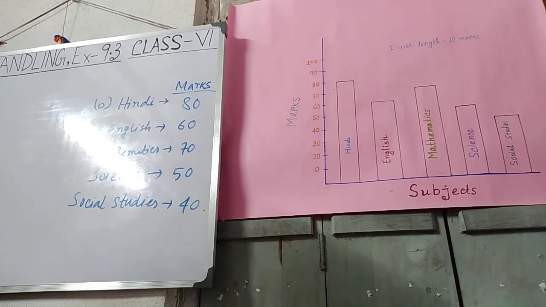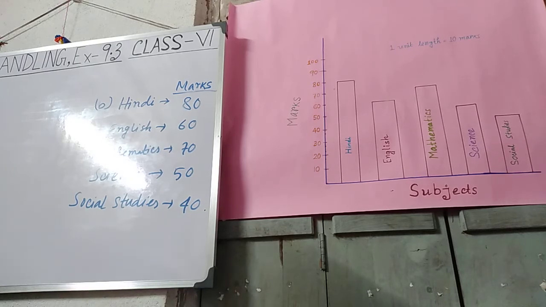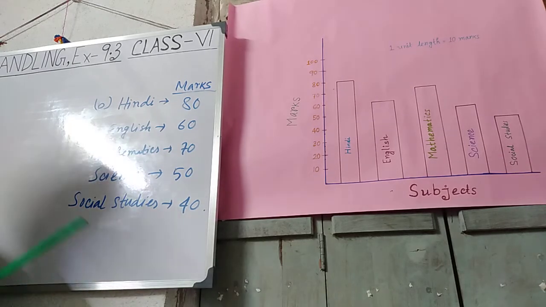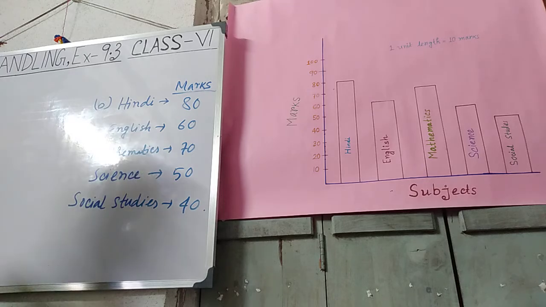Now our second question, name the subject in which Aziz scored maximum marks. So from bar graph we can easily say that in which subject Aziz scored maximum marks. So the bar graph which is having highest height will be the required answer.